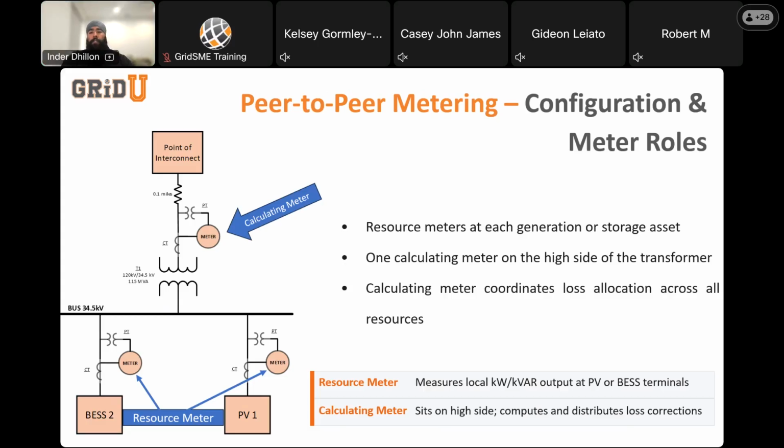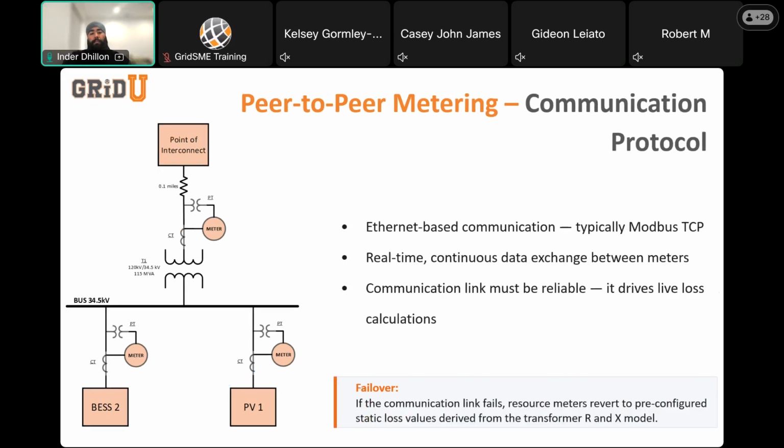A resource generating more power bears a larger share of losses, and that loss allocation is then sent back to each resource meter, which applies it to produce a corrected POI equivalent reading. And for that to work, all of these meters need to stay connected.